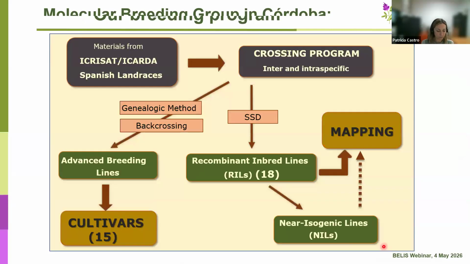In our breeding program, we have developed 15 chickpea varieties and 80 RIL populations from different parental lines, and these populations segregate for important agronomic traits and are essential for building genetic maps, conducting QTL analysis, and identifying markers linked to the traits of interest. These populations have been a key plant material for the BELIS project, since we use them to identify SNPs linked to the traits and to develop KASP markers.